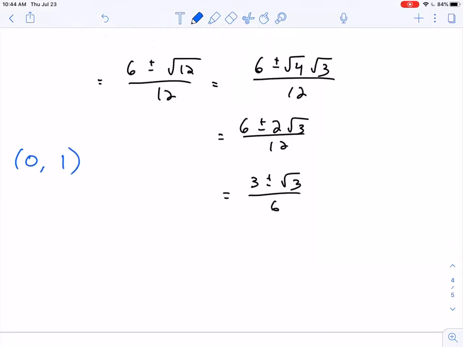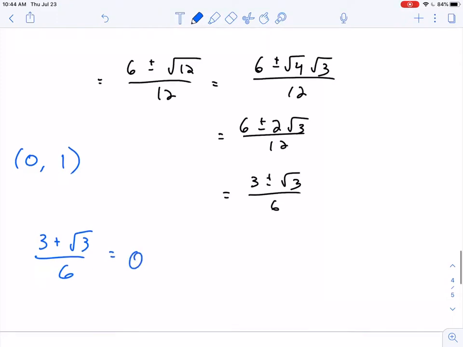So here I may just want a decimal approximation that will help me figure that out. 3 plus radical 3 over 6. Let me get my graphing calculator out. 3 plus square root of 3. Oops. 3 plus radical 3, take that result divided by 6.